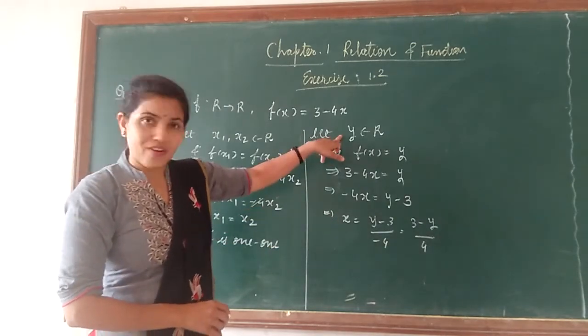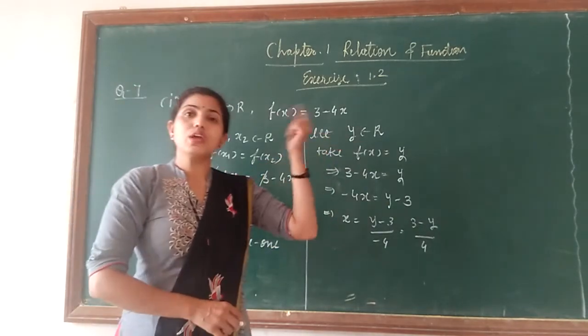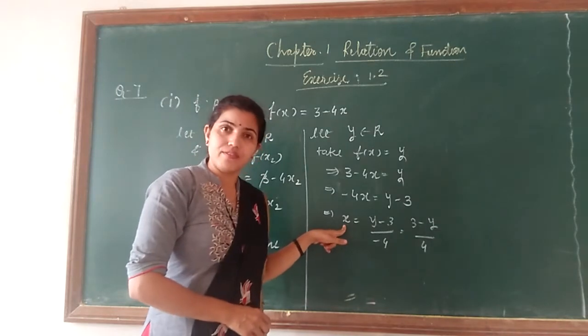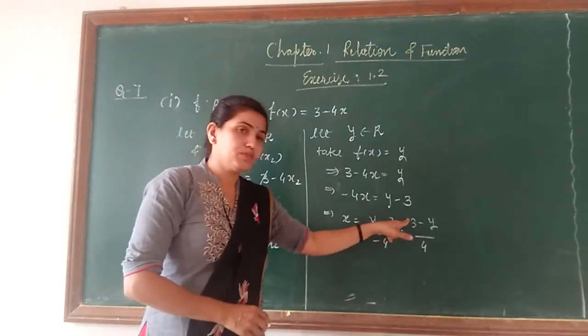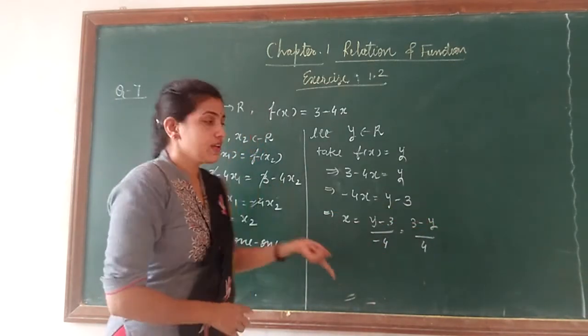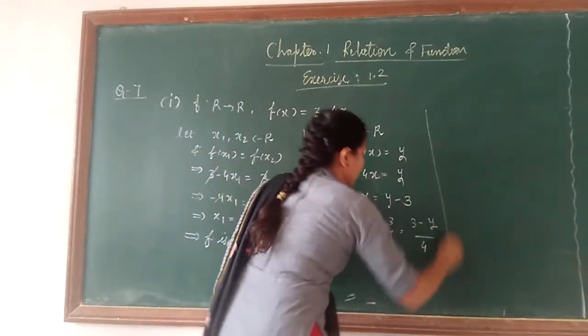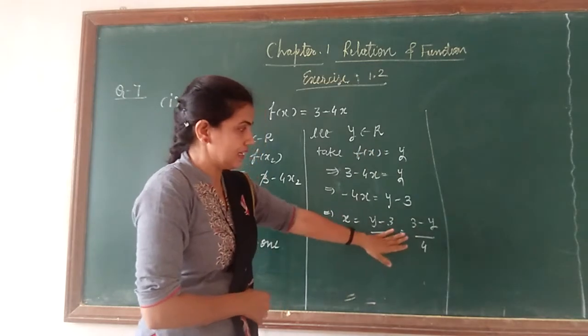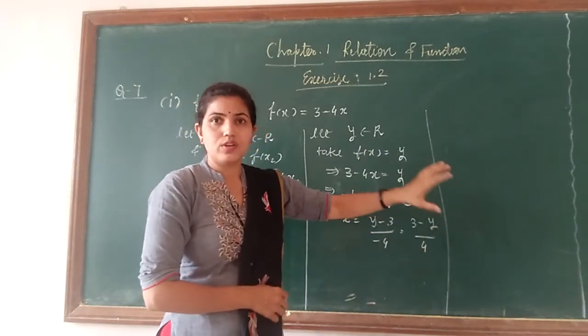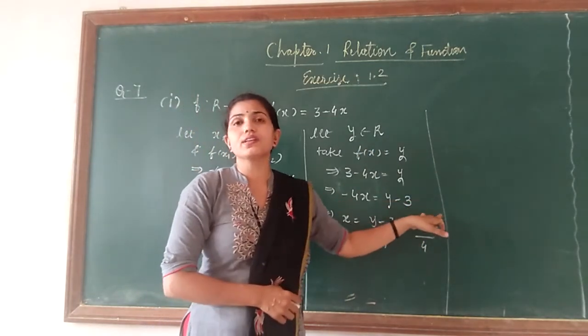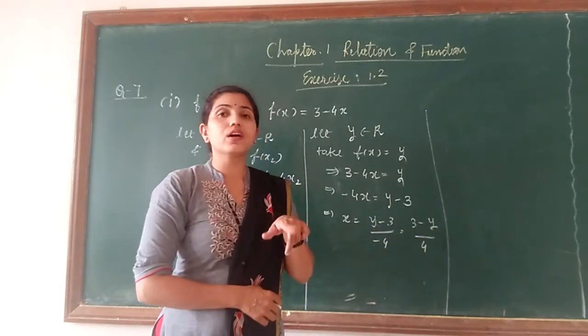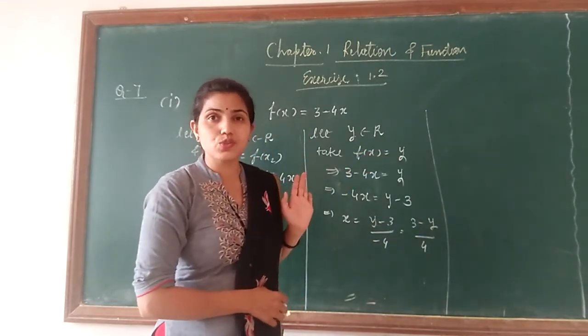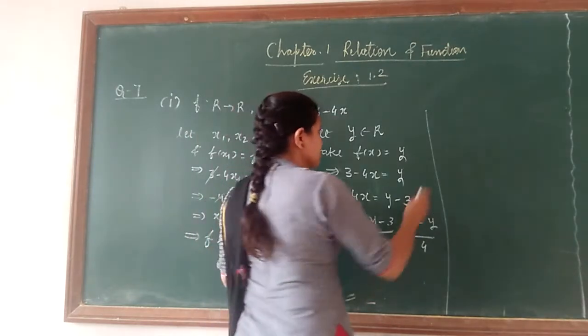So for every y belonging to R, we can find x of the form 3 minus y by 4. Now as we have taken f of x equals y, obviously when we take x equal to 3 minus y by 4, it will give us f of x equals y. But let me check, is it possible?